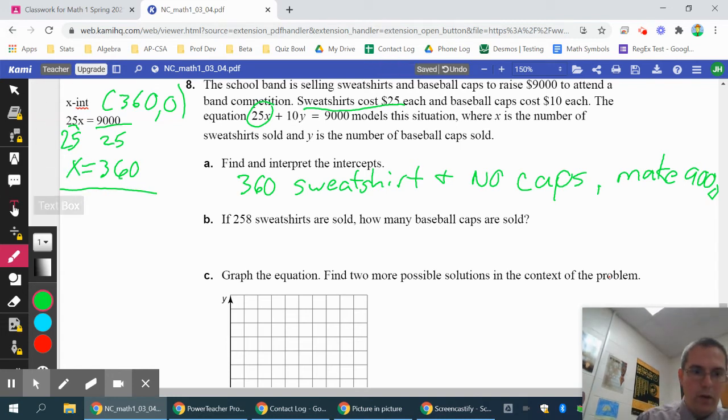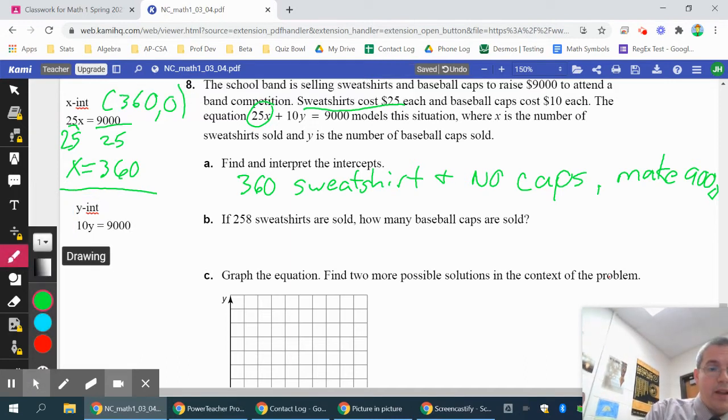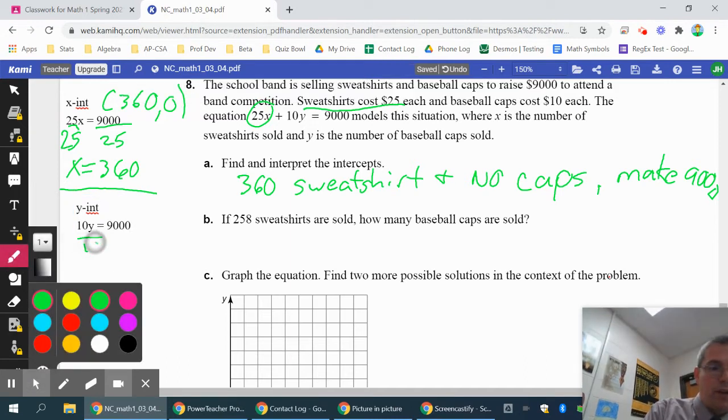Now to find the y-intercept, it's basically going to give me the other piece of information. So if we were doing our y-intercept, we would have 10y is 9,000. Now when I have 10y is 9,000, I'm going to divide both sides by 10. So y is going to be 900.